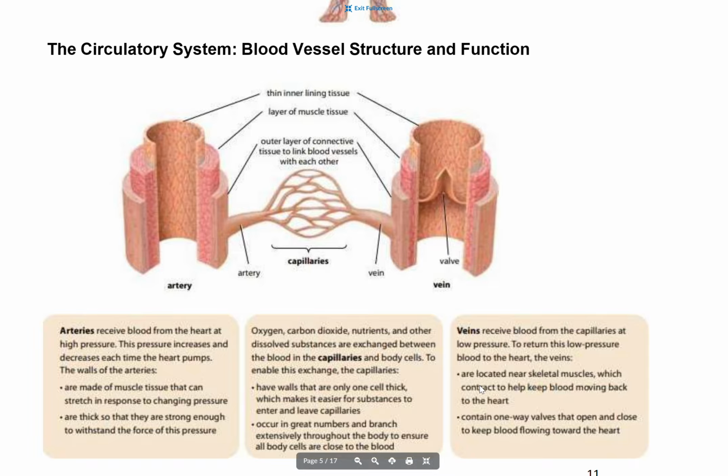Also, veins have valves, right? This is a valve. And what a valve is like, it's like a one-way door. So when blood is pushed into this door, it will open and allow the blood through. But then once the blood has stopped flowing through, this valve will close behind it, right? And will prevent the blood from going backwards.